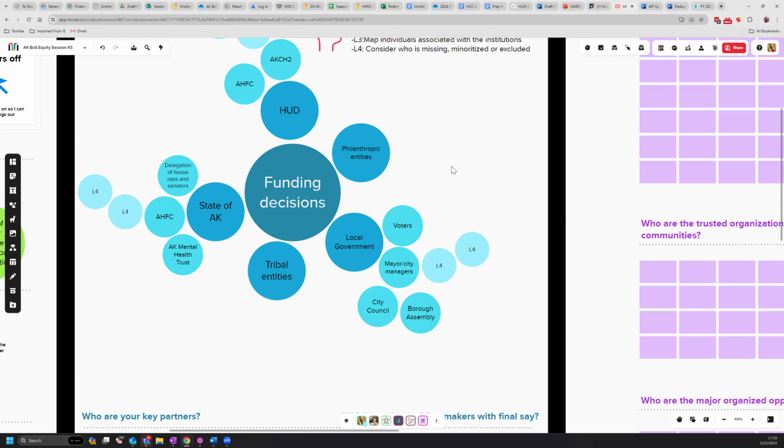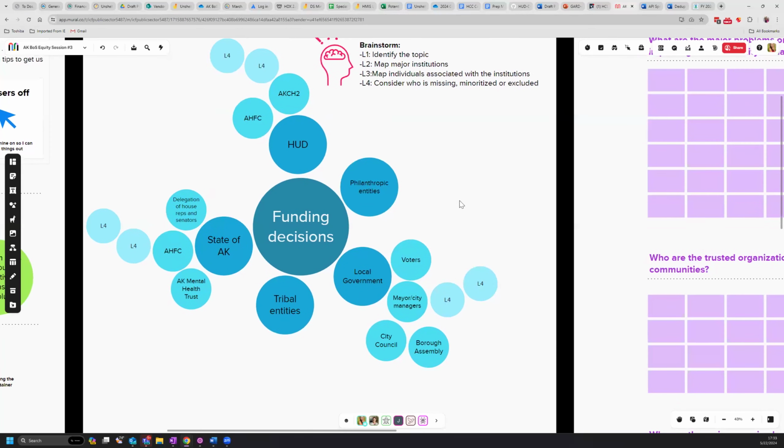I think that's exactly the point. Correct me if I'm wrong, but who we vote for, who we elect is basically where we're putting our values. And those people may or may not vote for funding for some of these needed resources.